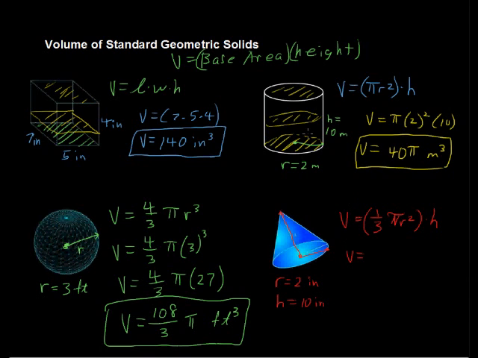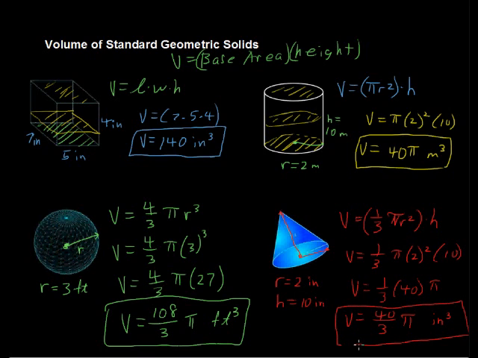So very similar to what we had with the cylinder, but it's just going to be 1/3 of that. So 1/3 of pi times 2 squared times the height of 10, and V equals 1/3 times 40 times pi, or that is 40 over 3 pi, and our label, cubic inches.